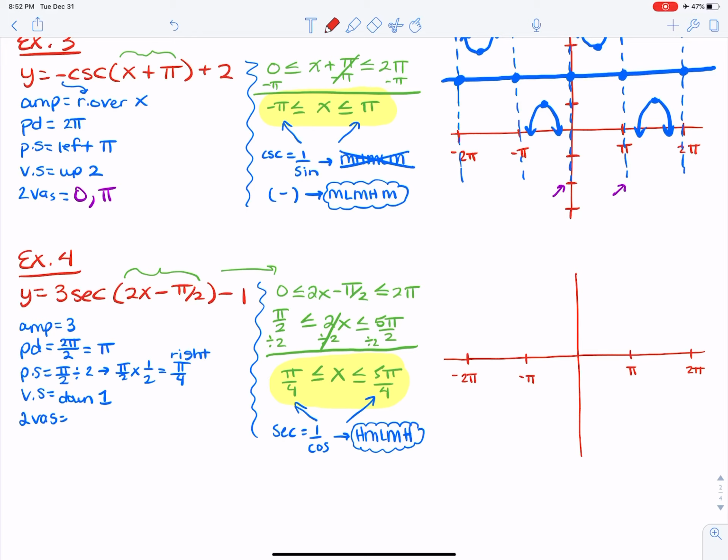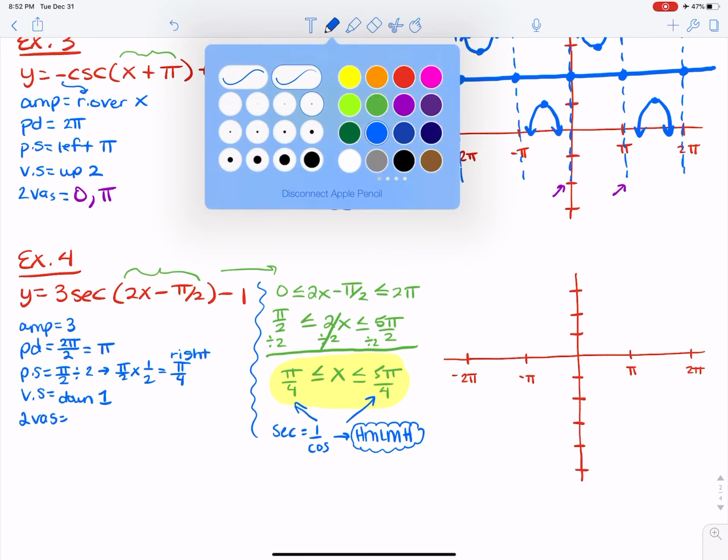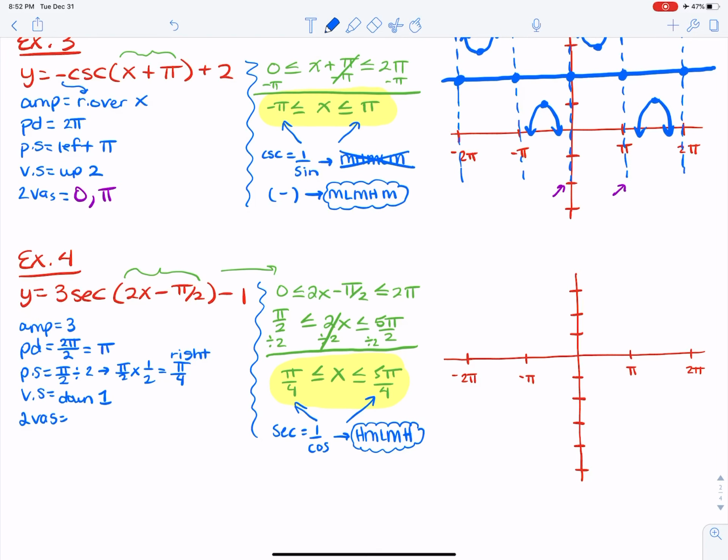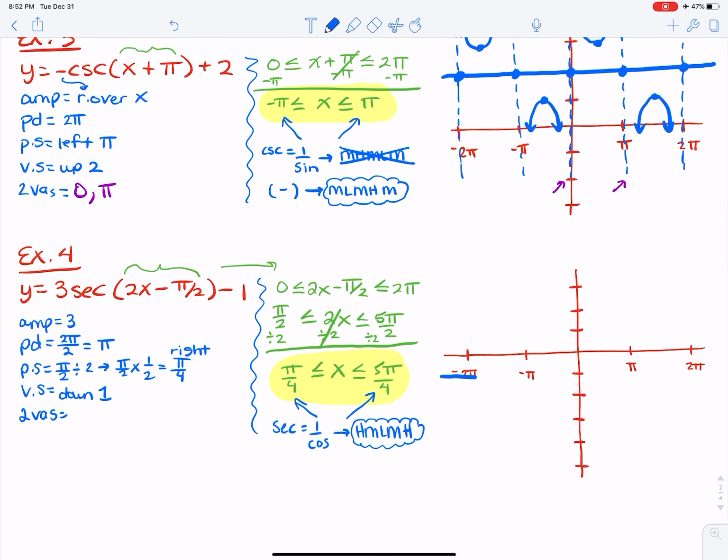So we're going to go up 1, 2, 3, and then down 1, 2, 3, 4. I'm going to extend it a little bit more. 5. Okay, let's begin. We want our down 1 right here.